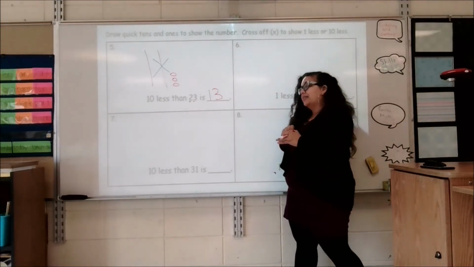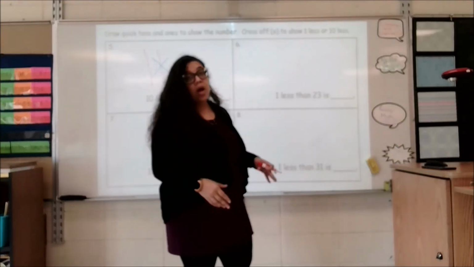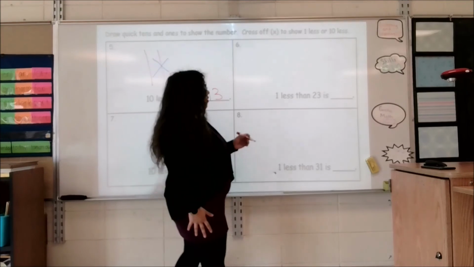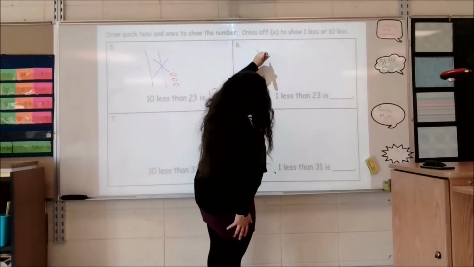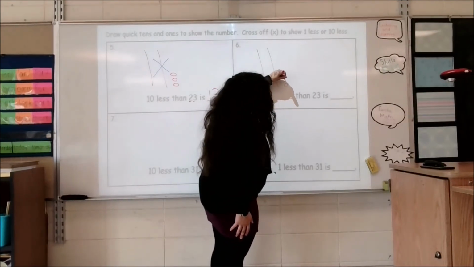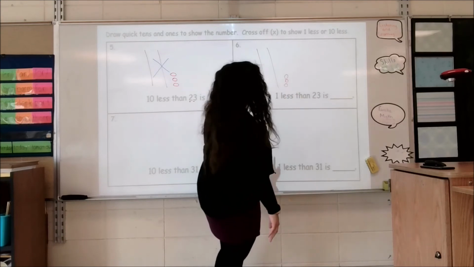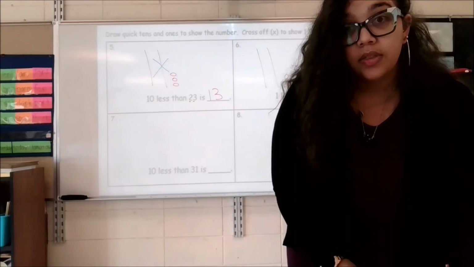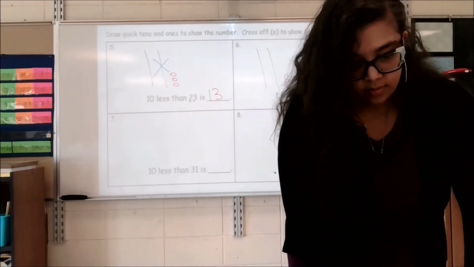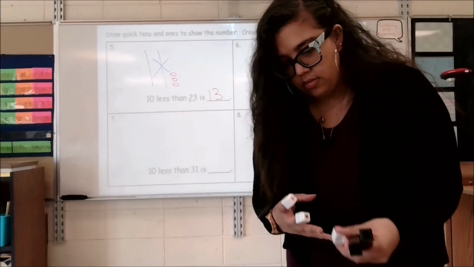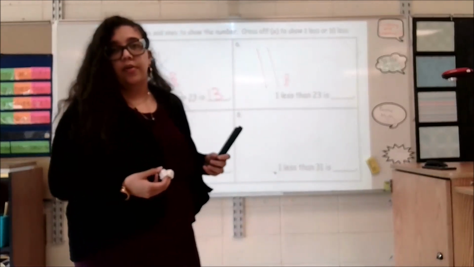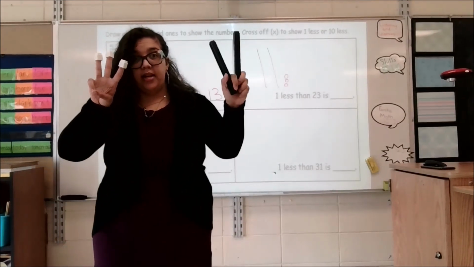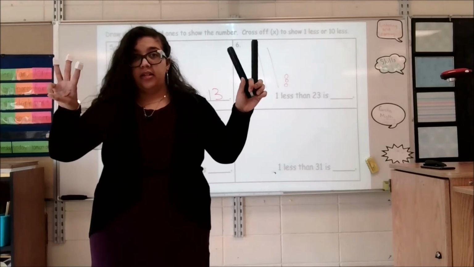Number 6. 1 less than 23 is. That means, again, we're going to draw the number 23: 10, 20, 21, 22, 23. And I'm going to show it to you again with the cubes. So here's my 23, here are my 10s and my 1s.